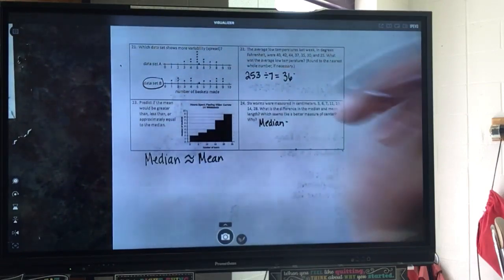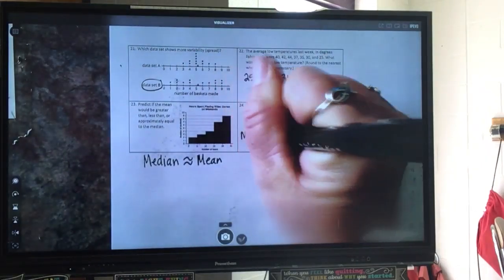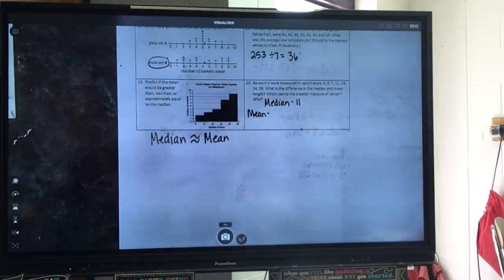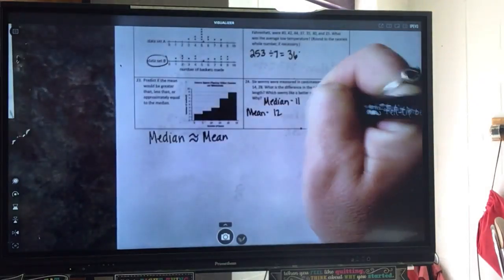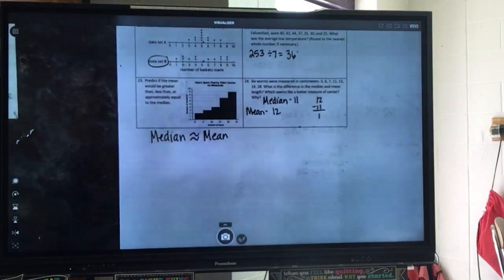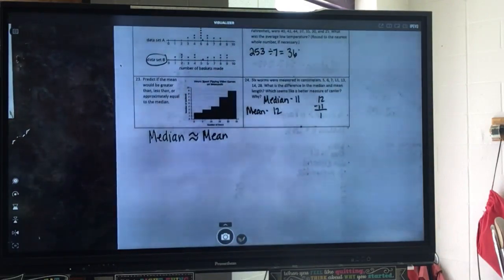Okay. All right, what did we get when we found the mean? Billy? Okay, so essentially, when we find the difference of these two, it's 1. Right, so that was the first part, it says what is the difference? So 1 is the difference between the mean and the median.